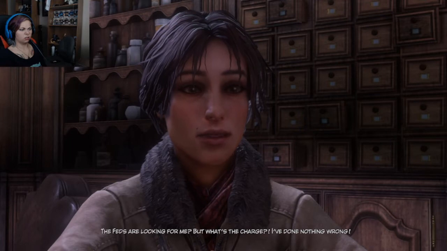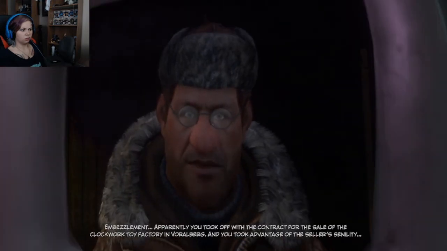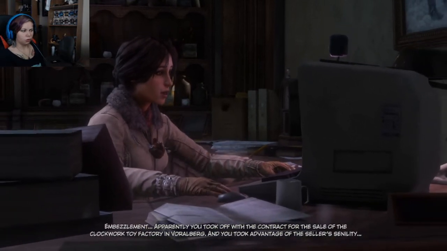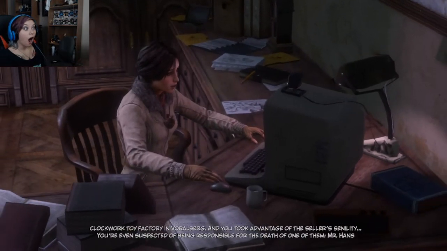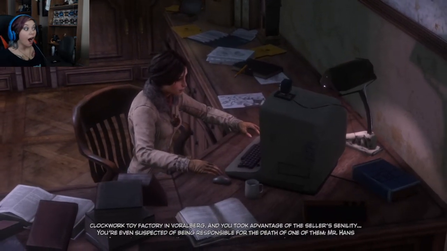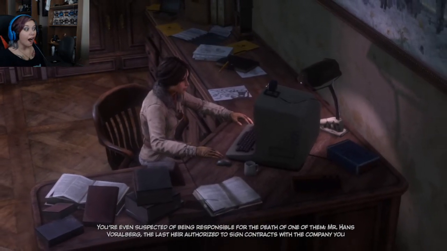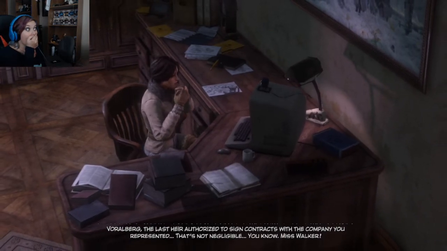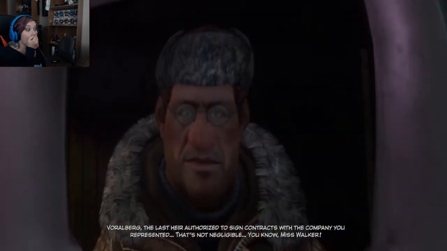But what's the charge? I've done nothing wrong. Embezzlement! Apparently you took off with the contract for the sale of the Clockwork Toy Factory in Vorarlberg. And you took advantage of the seller's senility. You're even suspected of being responsible for the death of one of them, a Mr. Hans Vorarlberg, the last heir authorized to sign contracts with the company you represented. That's not negligible. You know, Miss Walker.